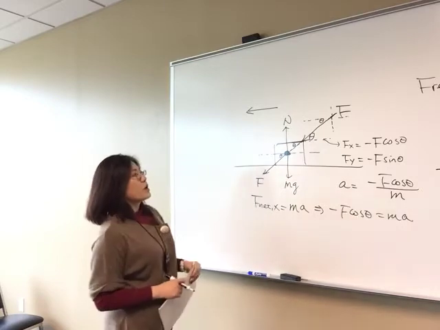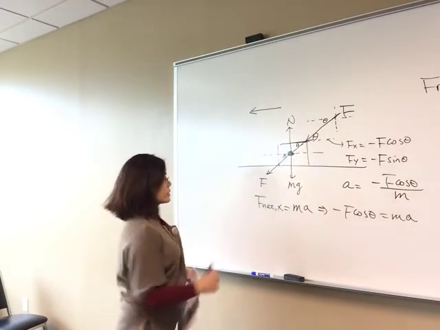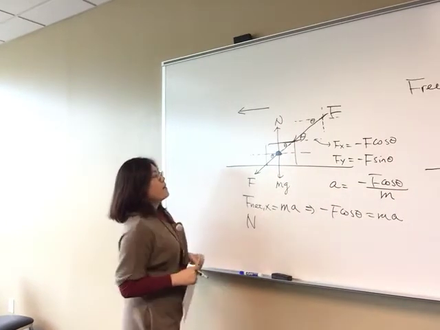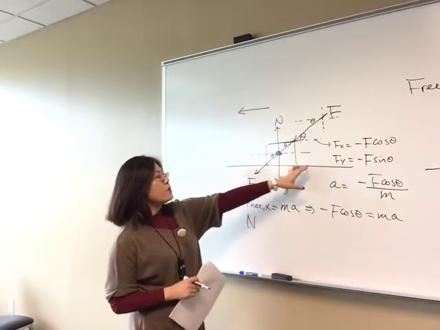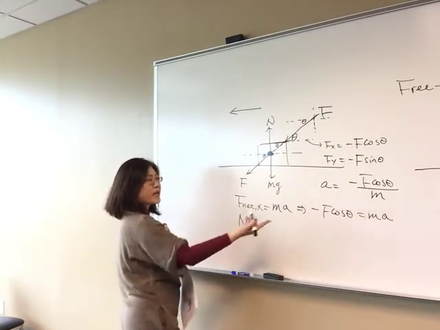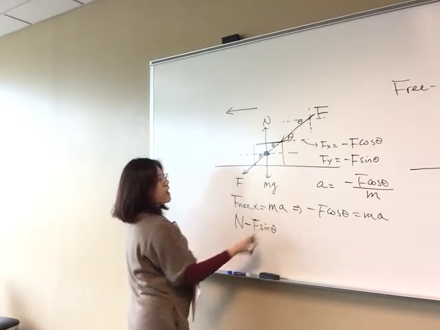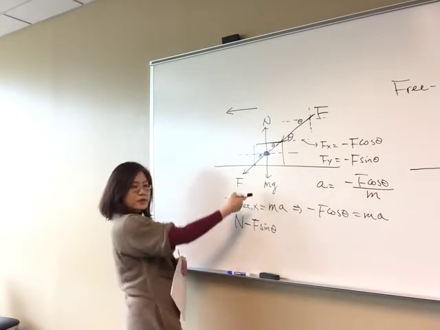What about in the vertical direction? In the vertical direction, you have the upward normal force, so that's your leading term, and then you have the external force that has a downward component, so plus negative F sine theta, and then plus negative mg because it's downward.